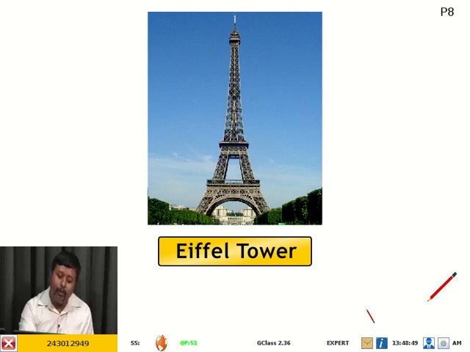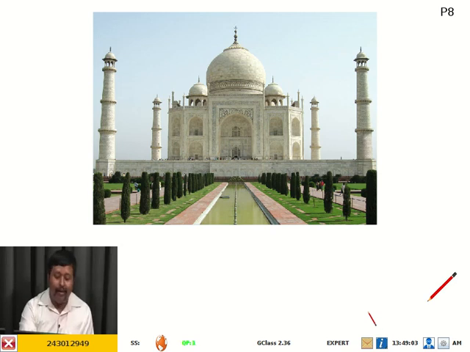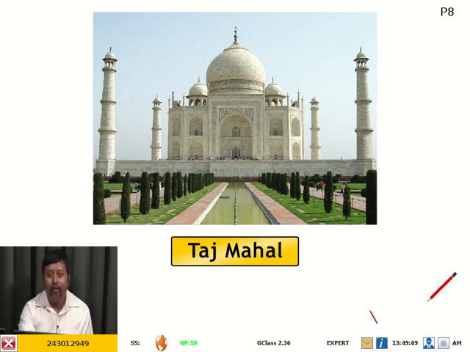Okay? The name of the tower is Eiffel Tower. So what is special here? It's the name. Everyone knows this. What's this? This is Taj Mahal, isn't it? So what is Taj Mahal? Name of a monument.